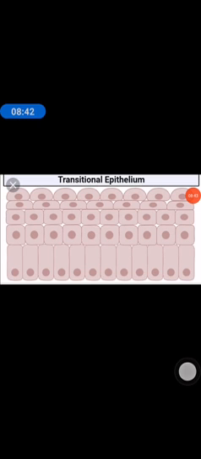Function of transitional epithelium: it prevents reabsorption because cells are closely adherent to each other by tight junctions or zonula occludens, and tight junctions form a seal around the cell. By these reasons, it prevents reabsorption and it allows pre-distension and contractions.